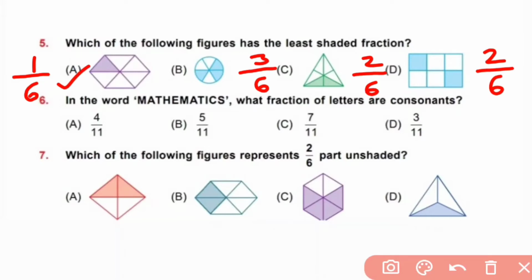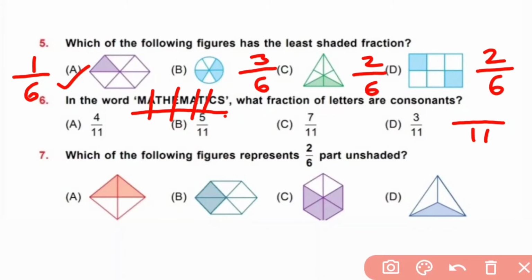Question number 6. In the word mathematics, what fraction of letters are consonants? So there are a total of 11 letters in the word mathematics, and out of 11, M is a consonant, A is a vowel, T is a consonant, H is a consonant, E is a vowel, M is a consonant, A is a vowel, T is a consonant, I is a vowel, and C and S are consonants.